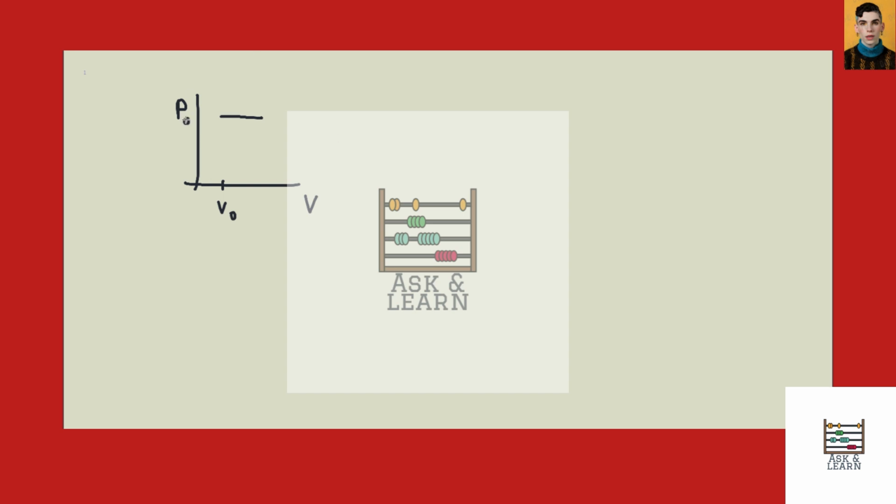So here's P naught, and then this is my axis label. Oh, ran out of space. Okay. And next it expands isobarically to 4 V naught.